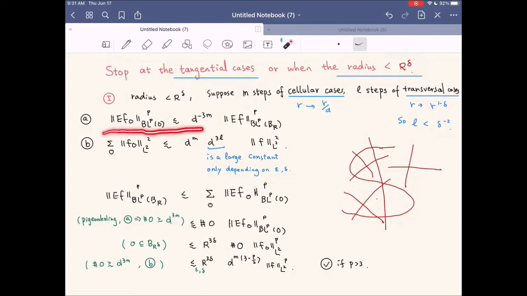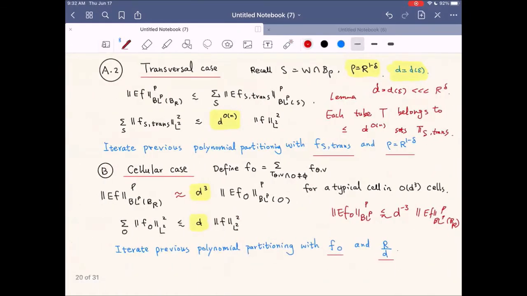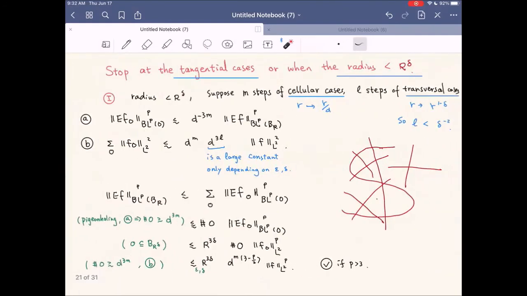And combining the estimates in the previous page, since we have applied m steps of cellular case, then we know that Ef_O, where this O is either this S or this O in the last step, has a small BLP norm: the BLP norm of Ef_O is D to the minus 3m fraction of the BLP norm of Ef on B_R.